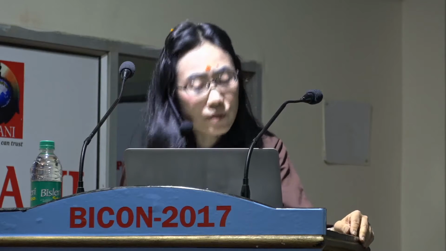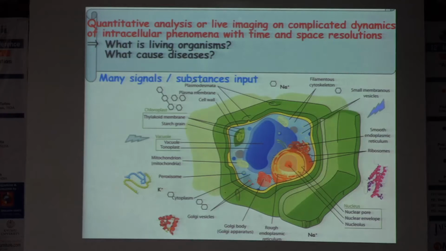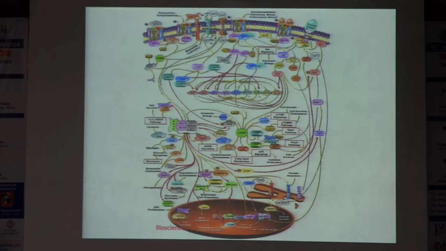In our body, cells constantly receive many signals or substances to respond for communication with each other and maintaining their homeostasis. To find molecules involved in responses to some inputs and rules governing the pathway, I have developed sensor molecules to detect them with a non-invasive, high spatial and time-resolvable approach.